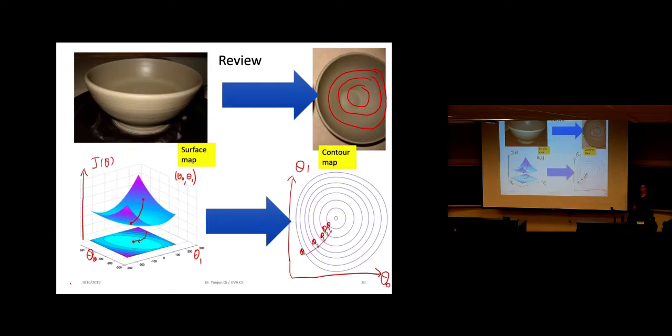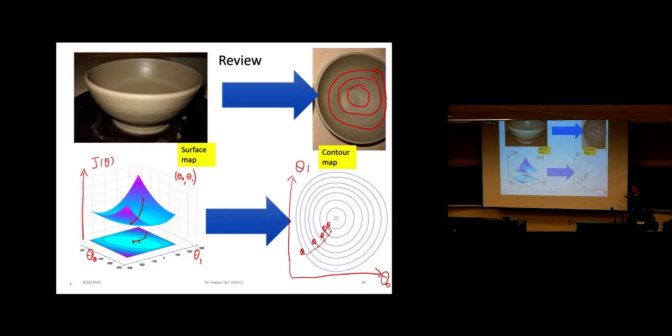Okay, so now let's review. We talked about ordinary least square solutions like a bowl, right? When you have two different parameters, theta 0 and theta 1, you really have some kind of bowl shape. So this is the surface map, and this is the contour map.